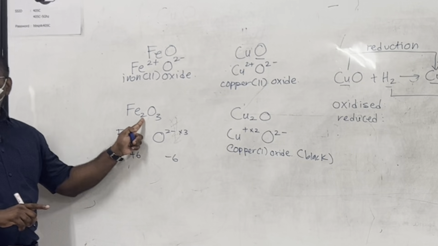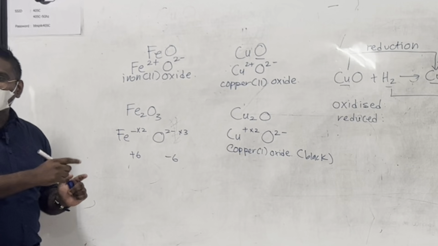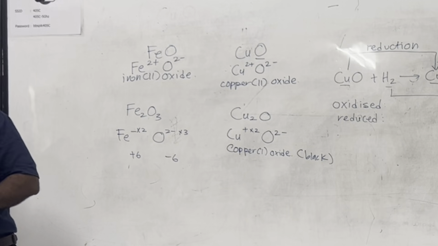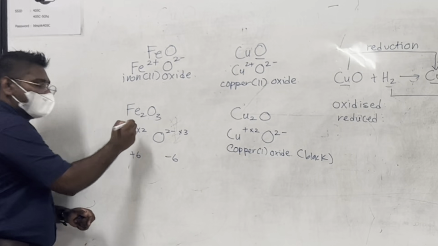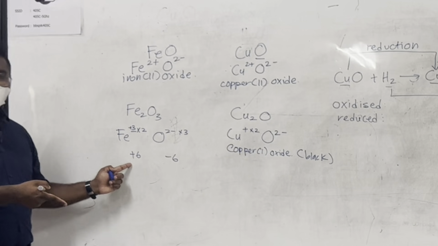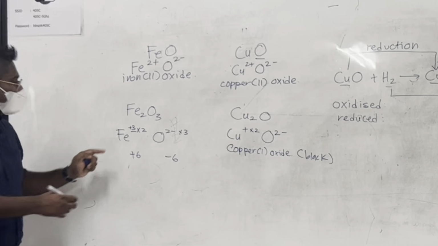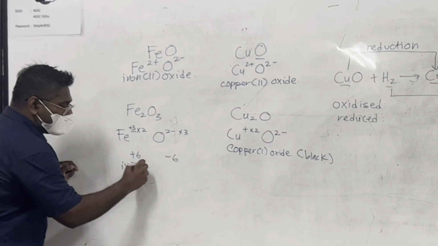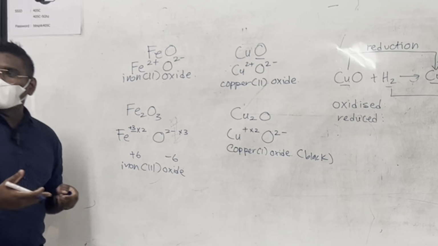Where I times this by 2. So what I times by 2, I am going to get plus 6. So this value must be plus 3. Then only I'm going to get plus 6. So Fe is plus 3. So this is going to be iron 3 oxide. This is how you write.